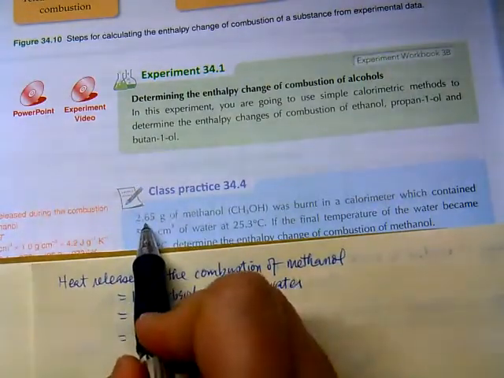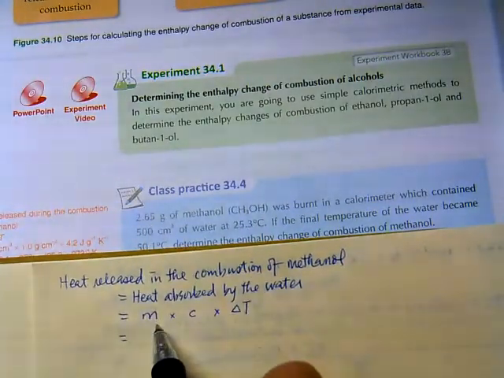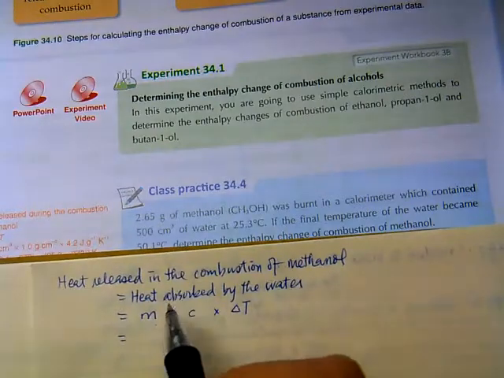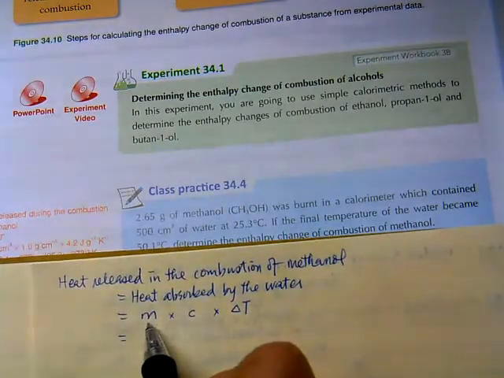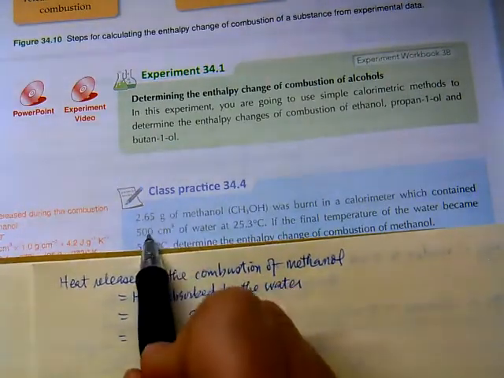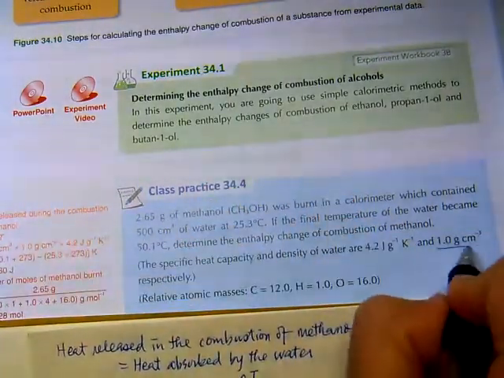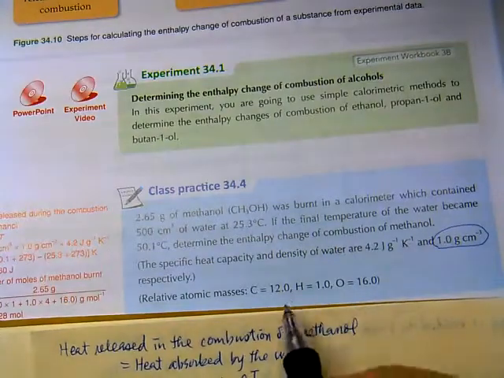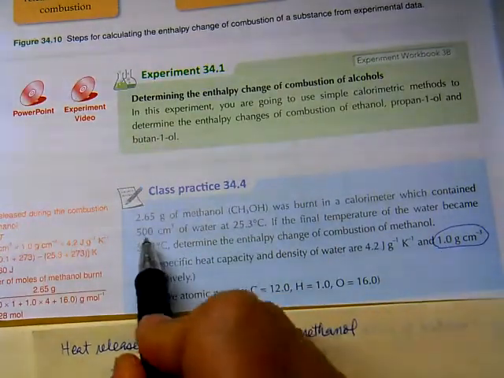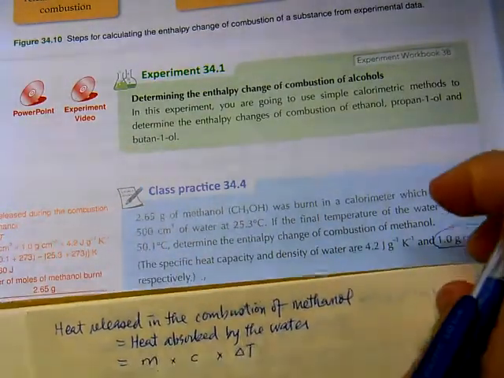Mass. Can I put 2.65 into this equation? No, it's wrong, because we're talking about mass of water. Use the density of water, which is 1 gram per cm³. That means 1 cm³ is 1 gram. Now we have 500 cm³.